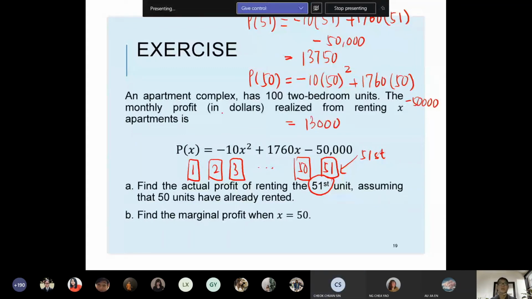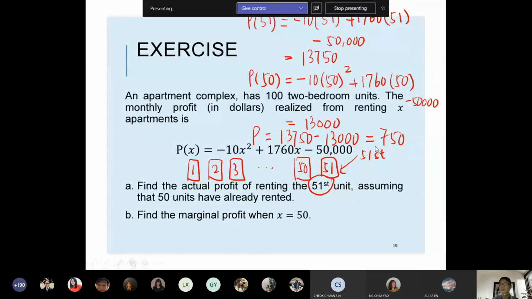Now, therefore, the actual profit for renting out the 51st unit of the apartment will be 13750 minus 13000. So the answer is 750.